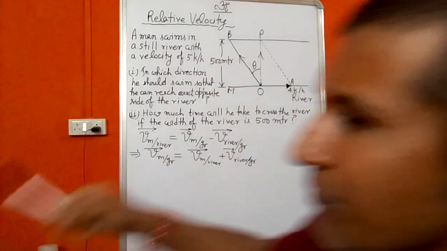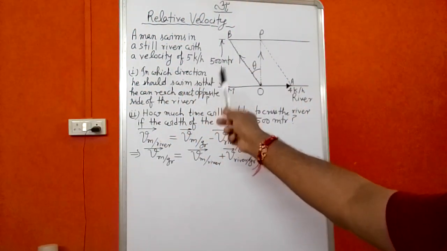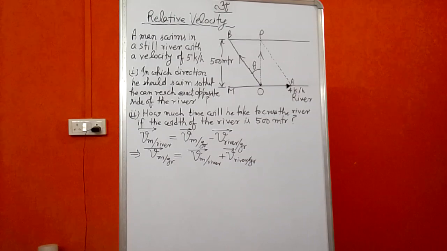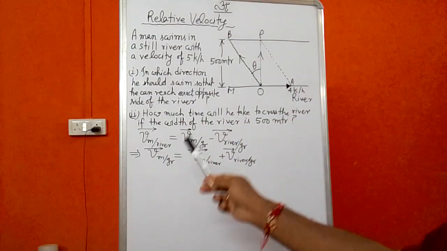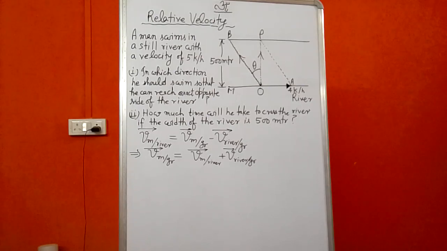So a man swims in a still river with a velocity of 5 km per hour. The first part of the question is: in which direction should he swim so that he can reach the exact opposite side of the river?